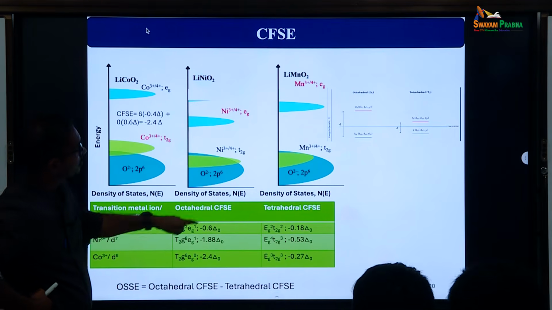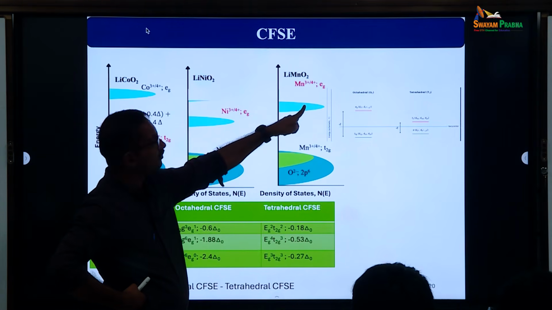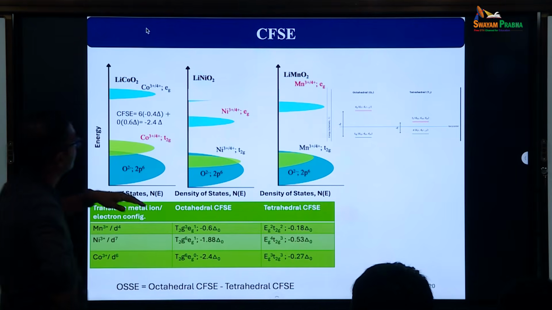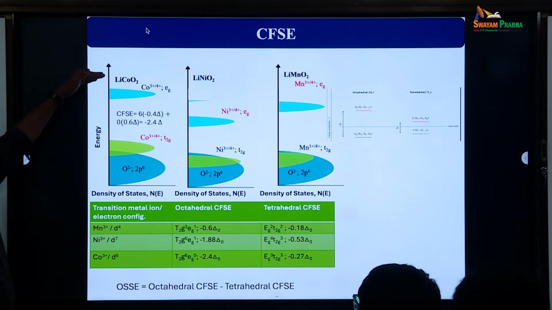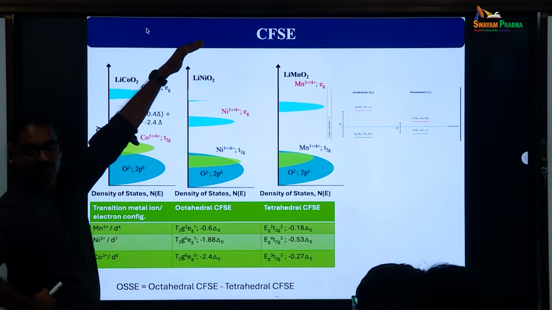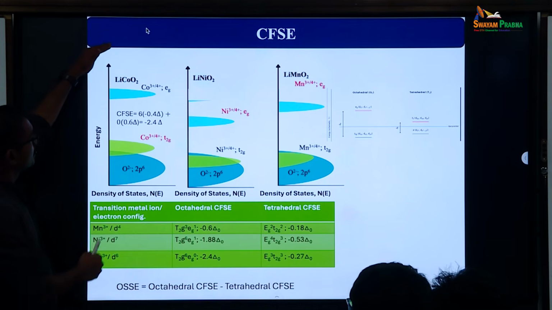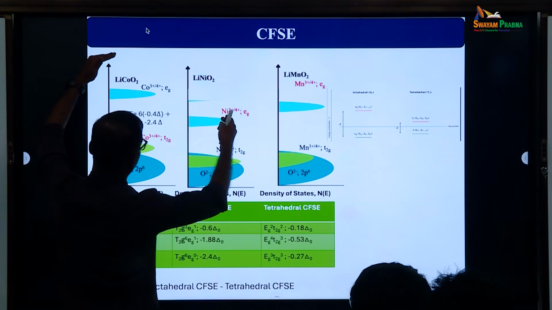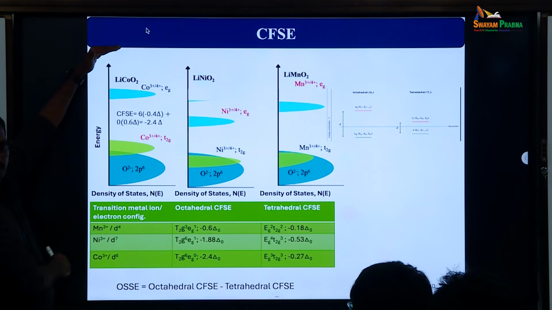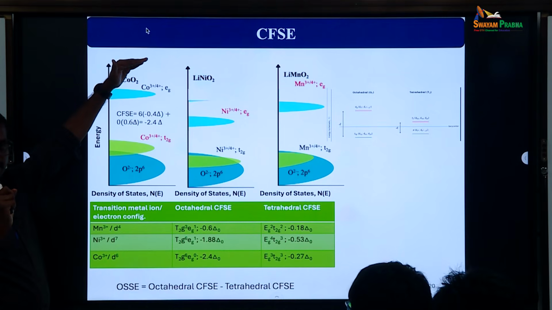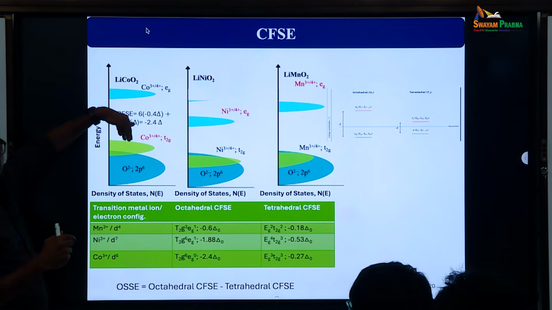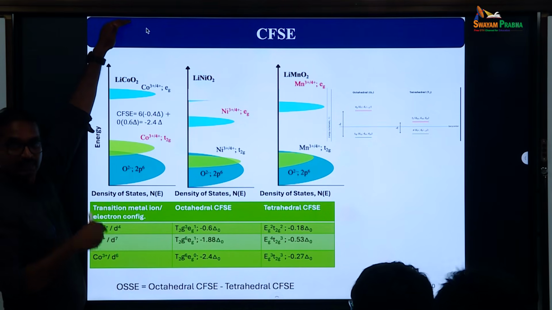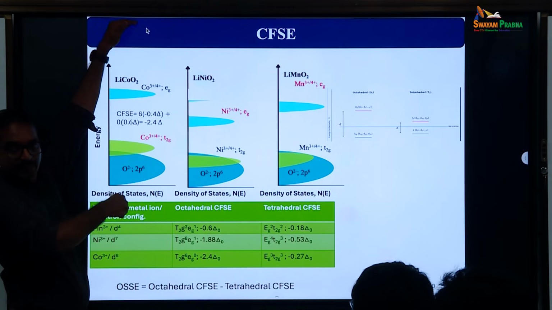And energy goes like this. Your vacuum level is here. As you go from manganese to nickel to cobalt, lithium is more electropositive. Where will its energy be? It will be here, because it is easy to take the electron out.